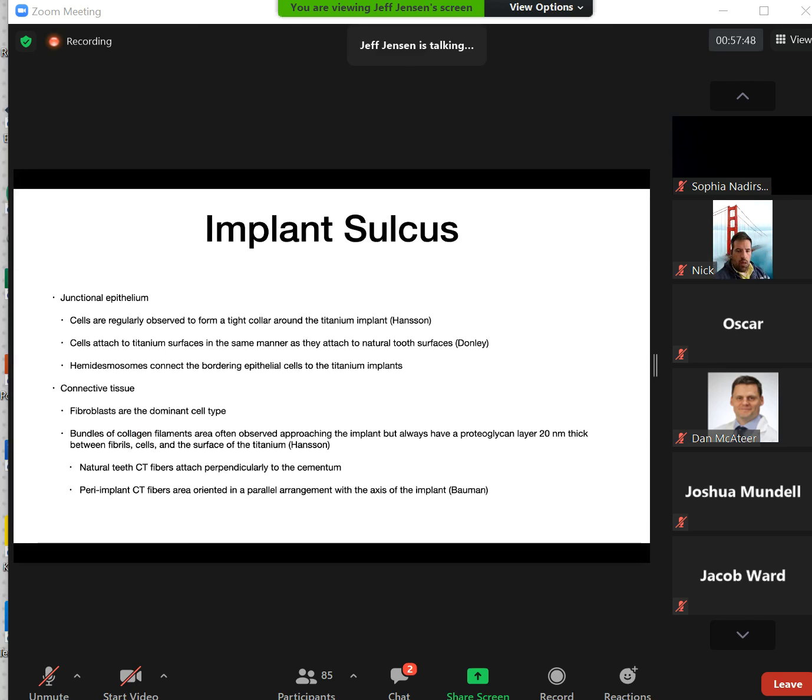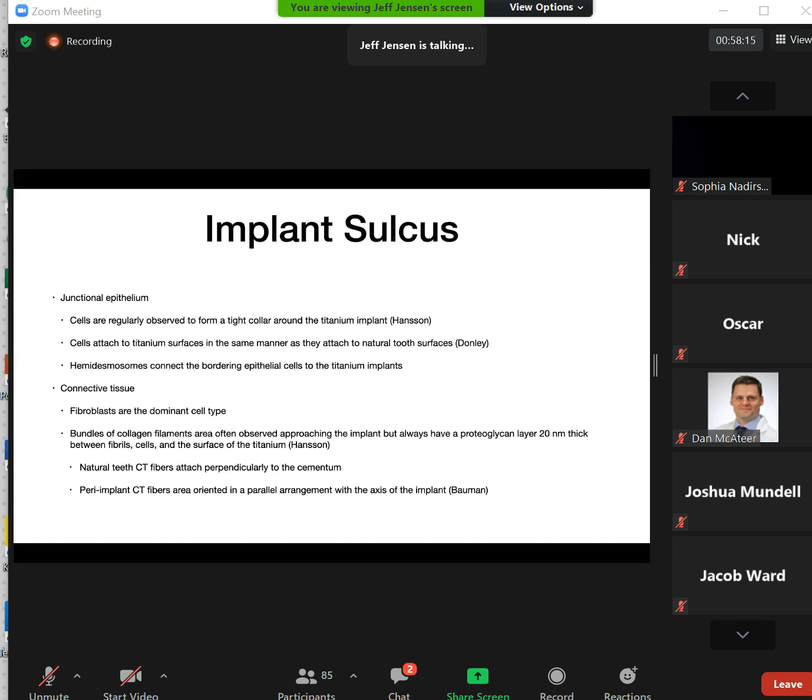As far as the connective tissue in the gingiva around the implant, typically you'll see collagen fibers that may approach the implant, but they're typically not inserting into it. If you imagine, when we think of a tooth, connective tissue fibers around a tooth are typically perpendicular into the cementum, right? We have oblique fibers and parallel and circular fibers and all these other things happening.